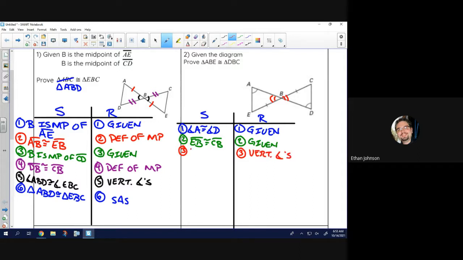Our vertical angles would be angle ABE is congruent to angle DBC. We have three triangle congruencies, so I can say triangle ABE is congruent to triangle DBC.